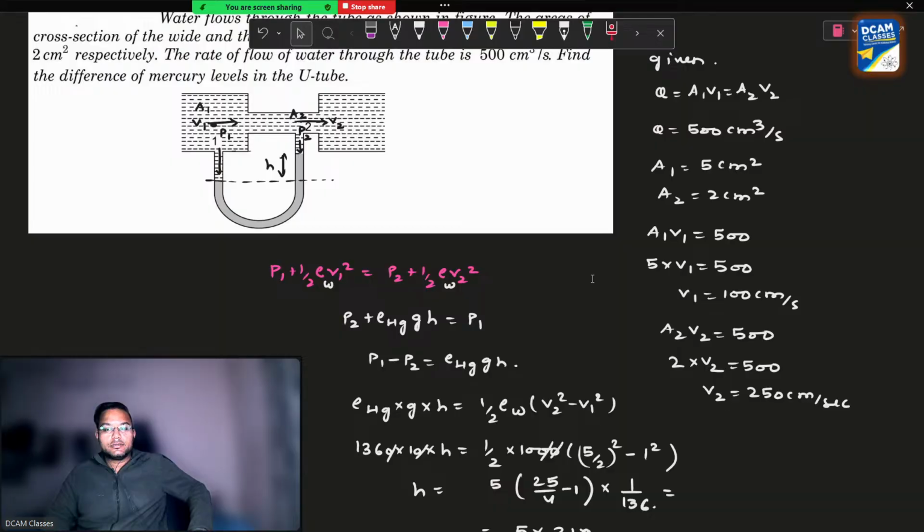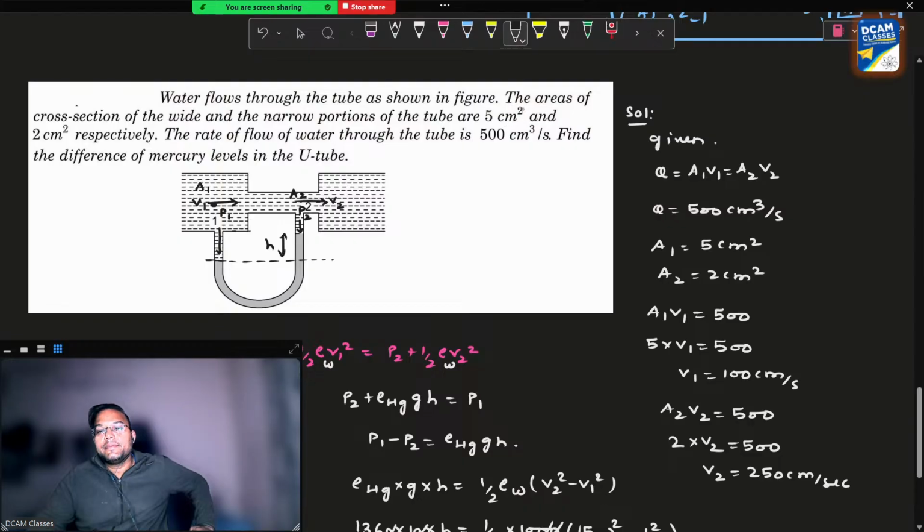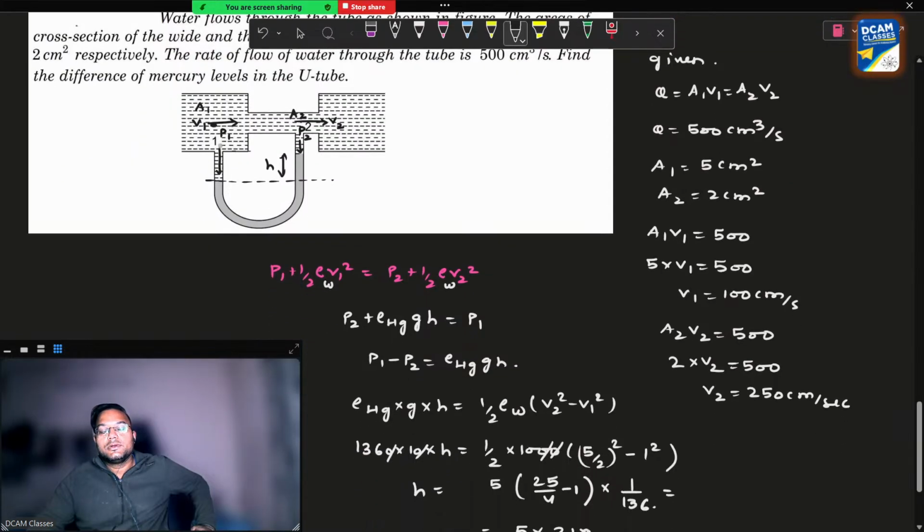Did you understand the solution? See, the only thing is here everything was right because they have given the Q was same, the rate of flow was 500 centimeter cube per second, that is equal to area into velocity. So using that, since the area was given to me, I have found out the velocity V1 and V2. Now the only thing is I have to find out the pressure difference, because pressure on the left limb at the top surface will be P1, and on the right limb top surface will be P2.